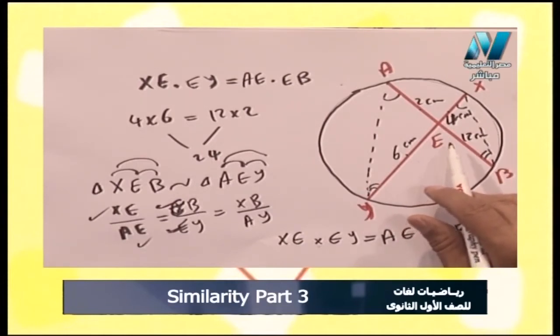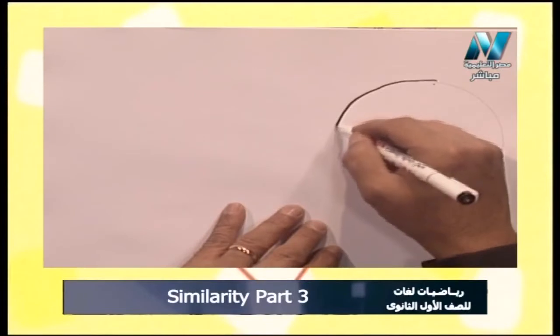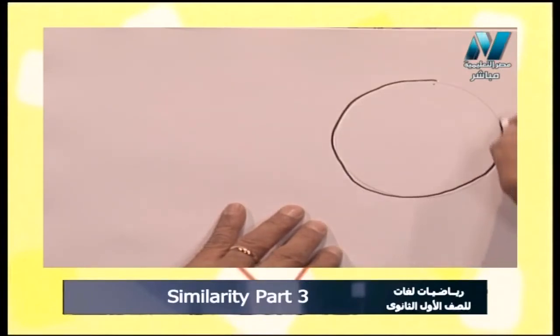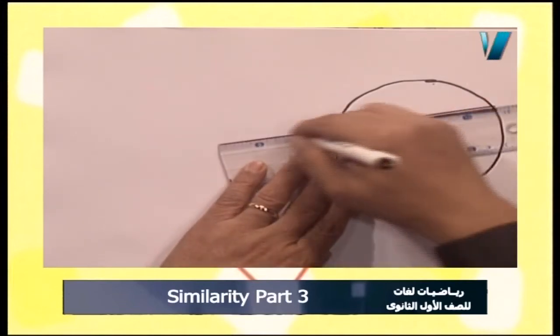And we will discuss another part. We have, my dear students, two chords that intersect outside the circle. Now, the previous one was two chords intersecting inside the circle. So we will draw a circle here, and we will also draw two chords that intersect outside the circle.